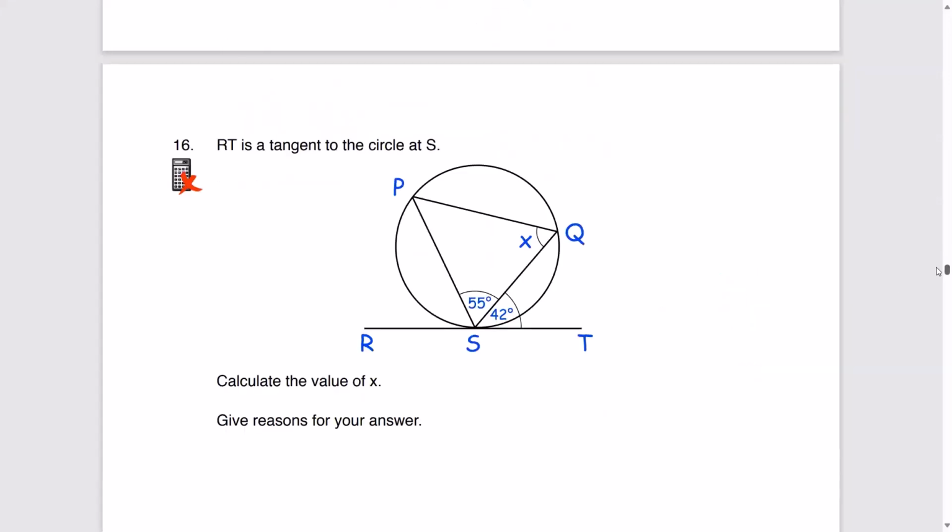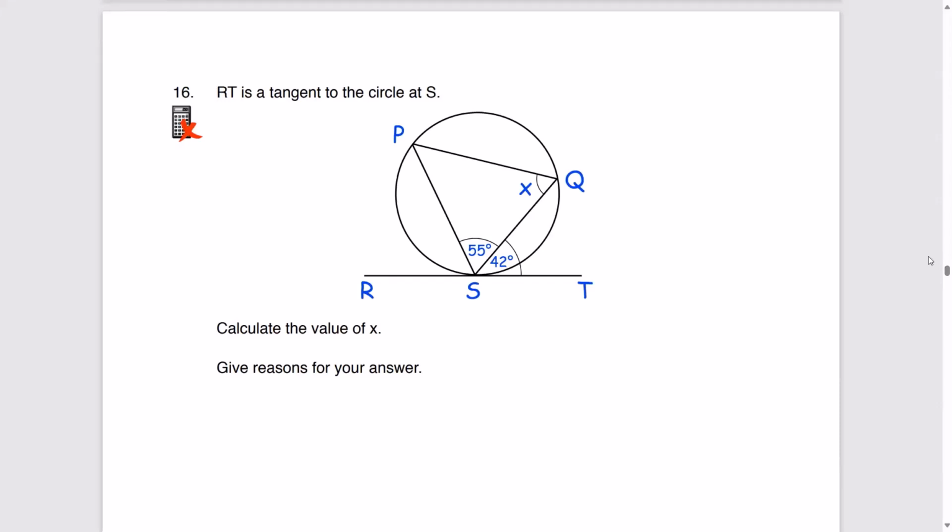Good. And then this one, we will work out the angle X. Again, this is pretty straightforward. Here and here are the same, alternate segments. And if here is 42, you can easily work out X in this triangle. That's 42 plus 55 plus angle X equals 180.